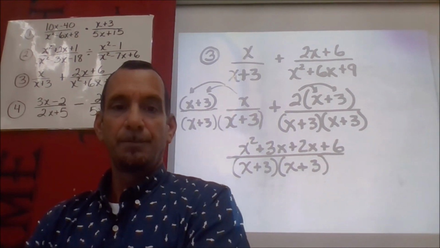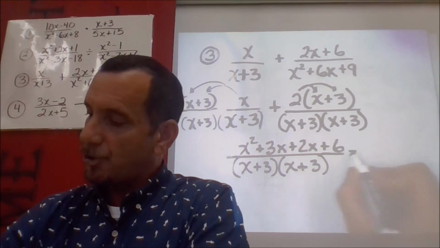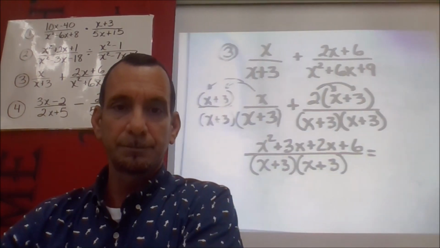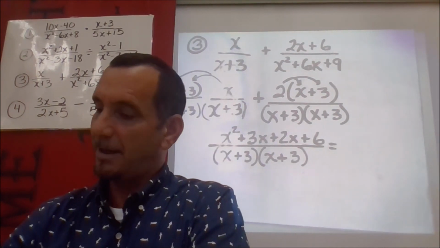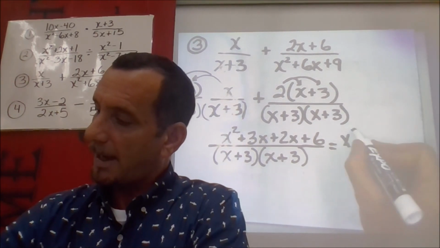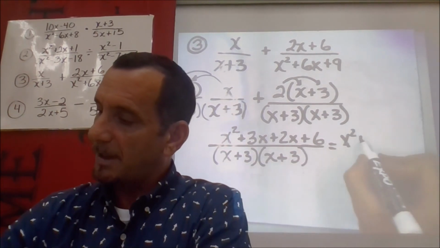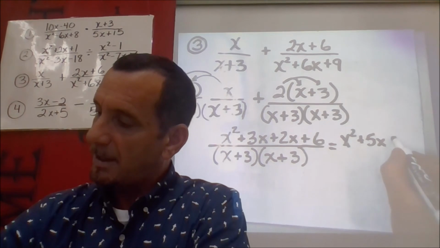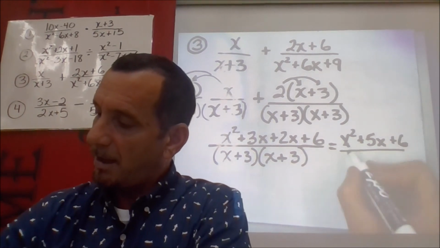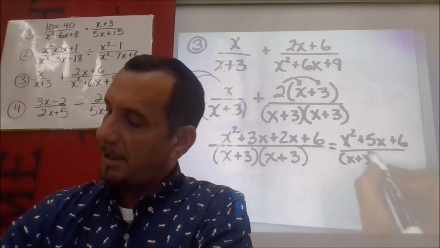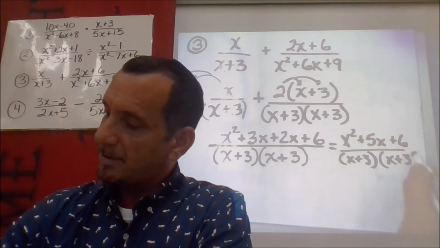It's pretty good. Can I combine like terms? I sure can. And that will get us x squared plus 3x plus 2x plus 5x plus 6 all over x plus 3 times x plus 3.